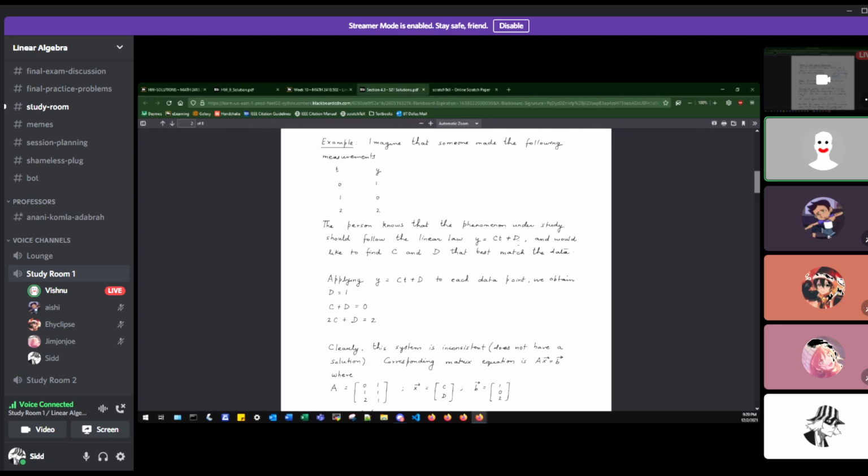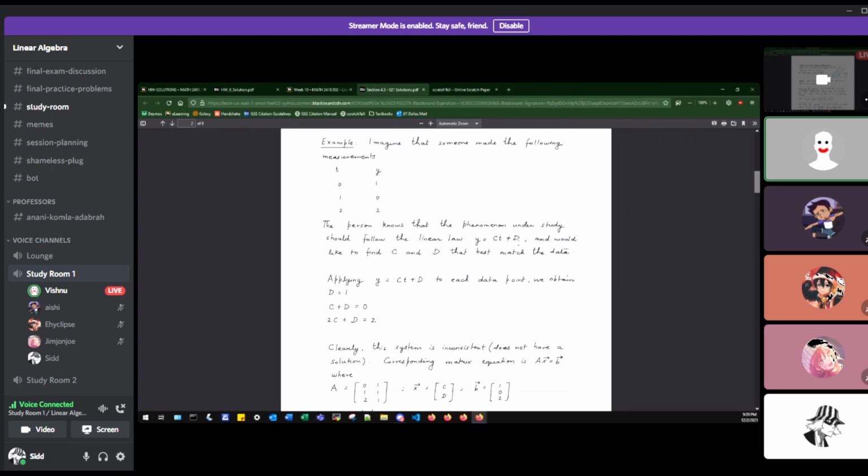The dependent variable will be part of your solution variable, basically. So your b vector would be a vector containing your dependent variable, and your matrix would be the coefficients in front of these parameters.